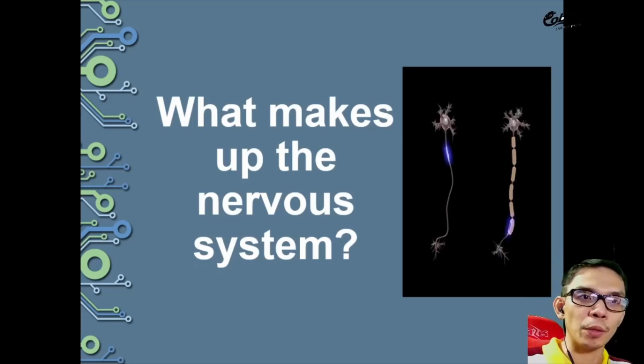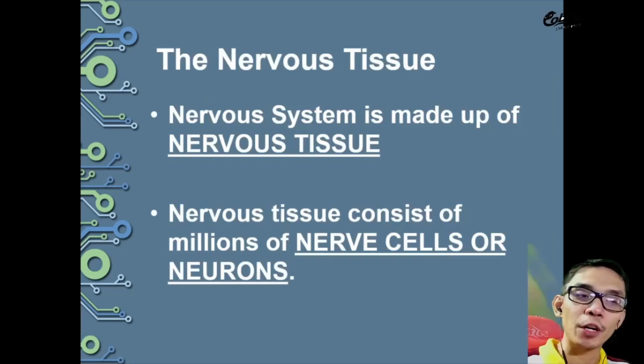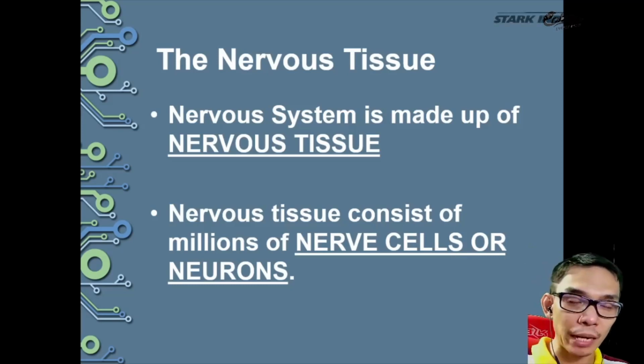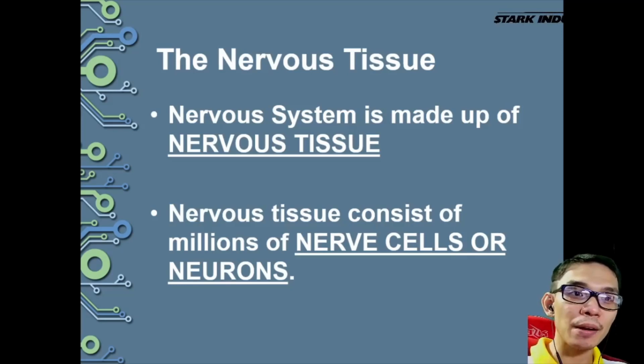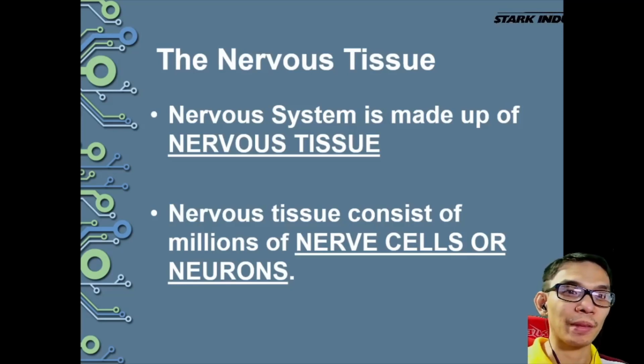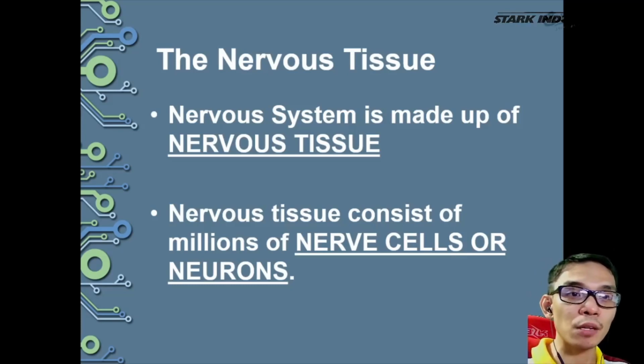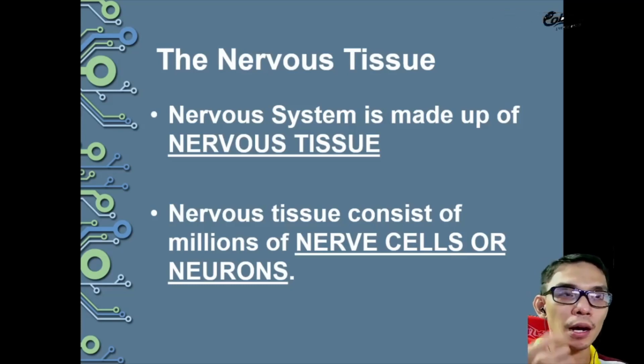If we go back, we have the nervous tissue, and if we go back once more, we have the neurons. The neurons are the basic block, or the basic working group, of your nervous system. There are millions, even billions, of neurons found in our body.